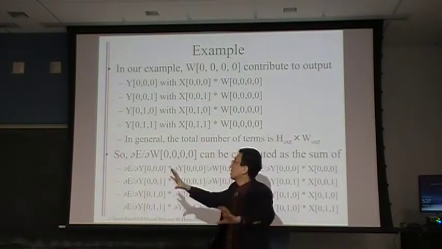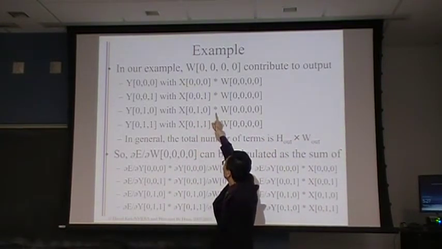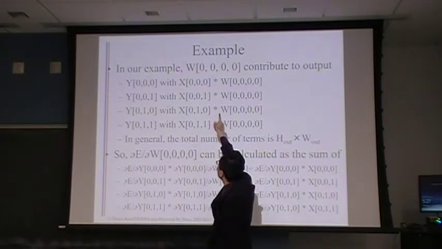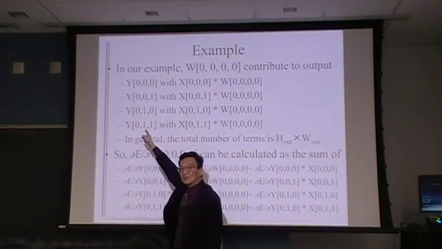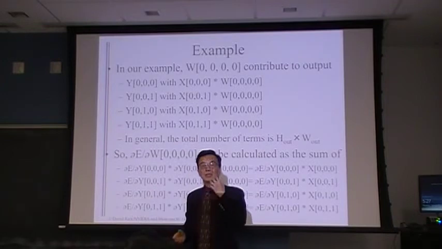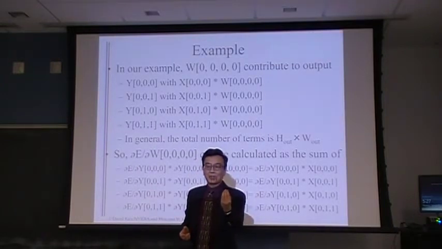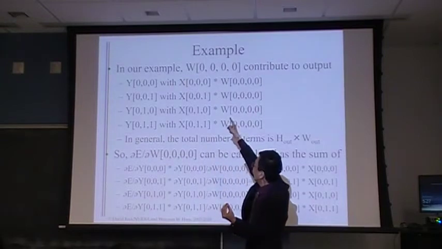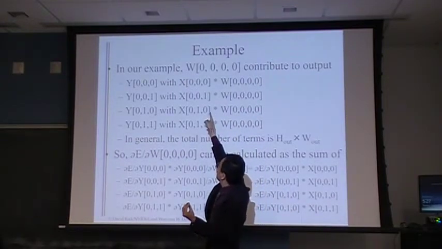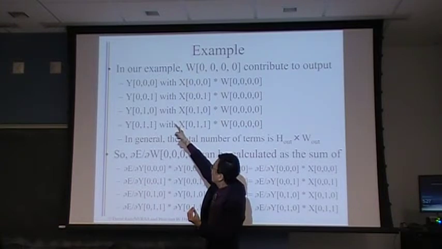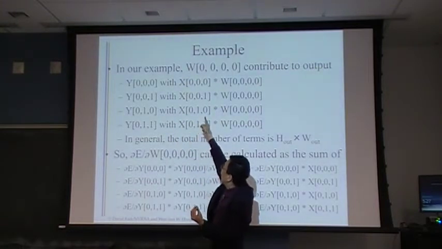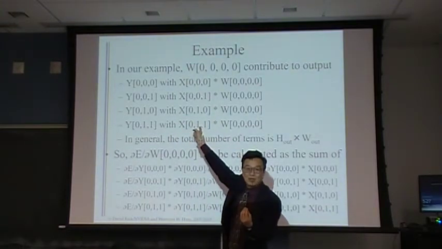So when I want to know the importance of w0000 to y000, it's the zeroth output feature map. I also know that the way w00 is going to contribute to the y0 feature map is by multiplying with the x feature map.